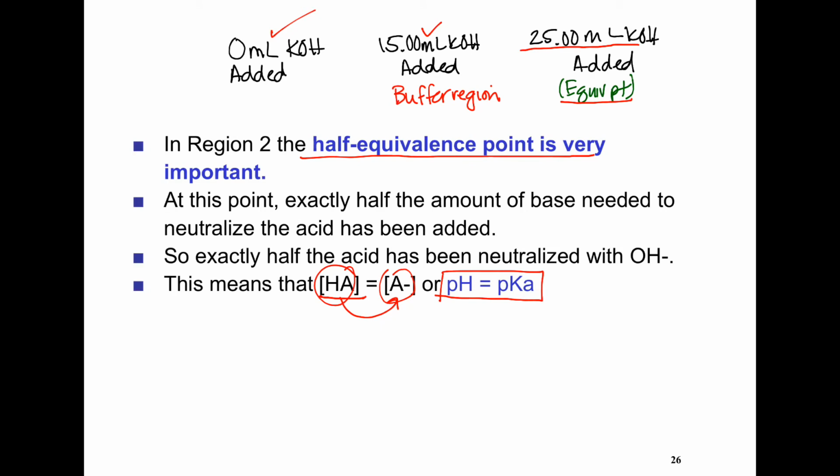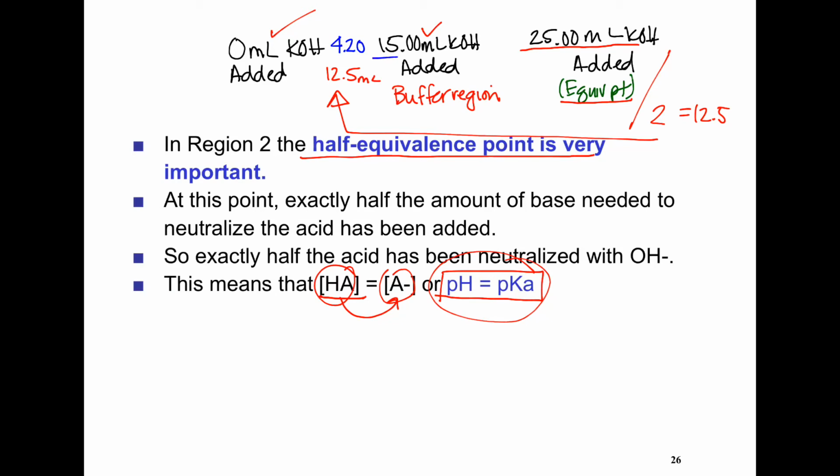Now in our problem, the half equivalence point would have been half of 25, which was 12.5. That would have been somewhere in here. Now our problem didn't ask us to calculate the pH there, but if it had, and we knew that at the half equivalence point the pH is equal to the pKa, we would have known that it was equal to the pKa, and the pH would have been 4.20 in that spot.